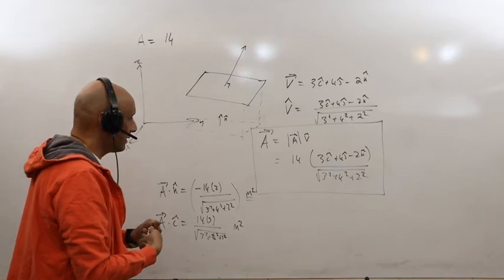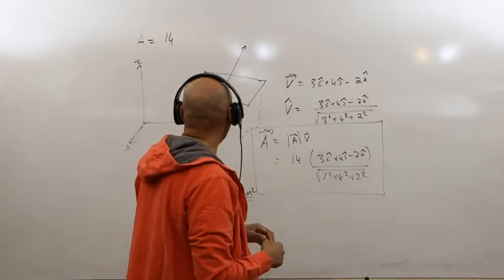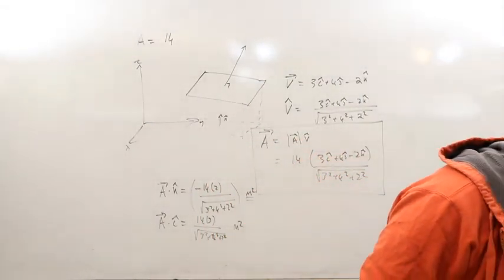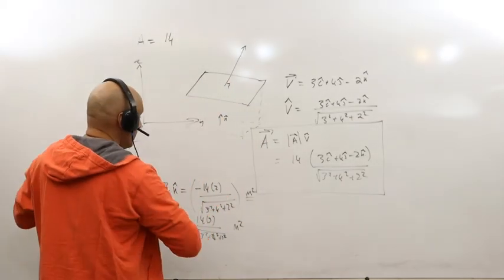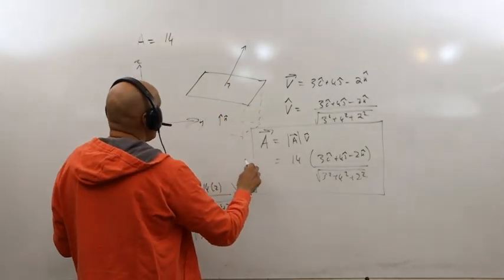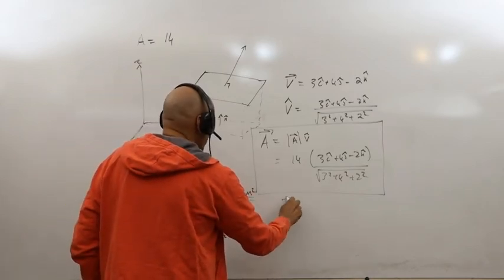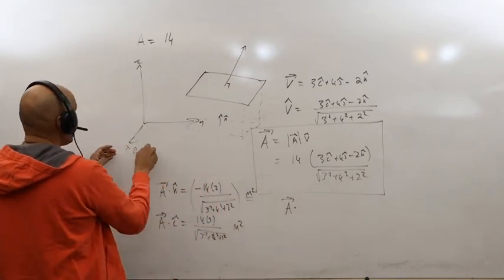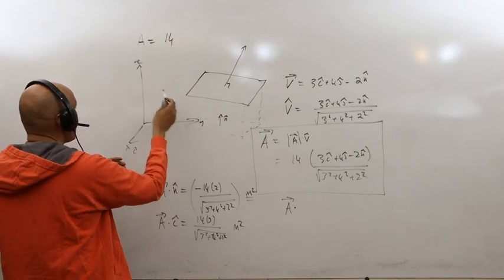Similarly, we can get the projection of this rectangle into the xz plane. We're projecting it onto this plane right over here. So the area of that parallelogram becomes A vector dot, and remember xz is the i direction, j direction, and k direction.